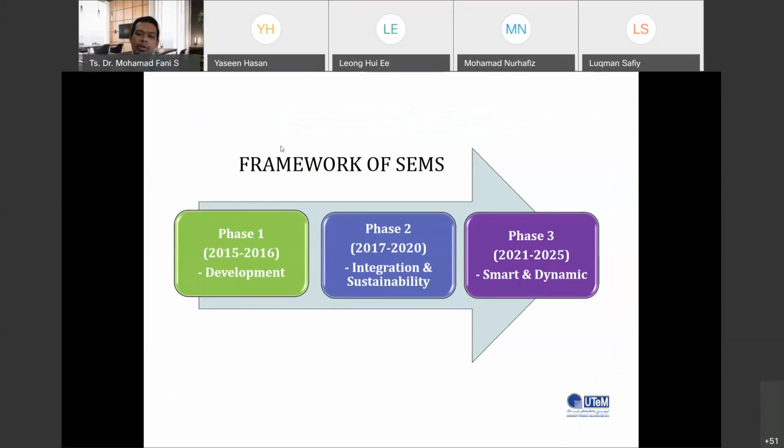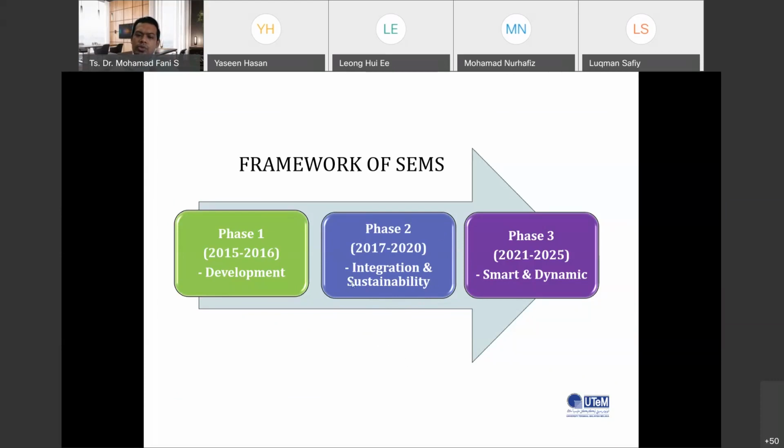So this is the framework of SAMS in UTEM. Phase 1, 2015-2016, was the development phase. After that came the 4 years of implementation for integration and sustainability. The EAC1 was integrated into the EMC, and the energy management document was integrated into the university ISO, etc. That's the integration and sustainability program.